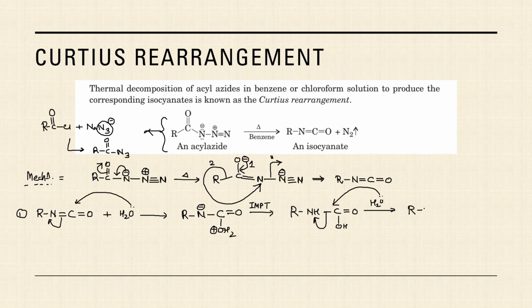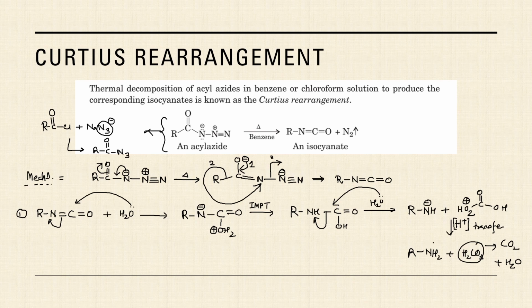Okay, at this juncture you will get NH minus plus HO C double bond O OH2 plus, and there will be again an H plus transfer, and you will get RNH2 plus H2CO3. This H2CO3 is not quite a stable acid, so this will decompose to give carbon dioxide plus water. But what you have observed is you can create an amine out of it.